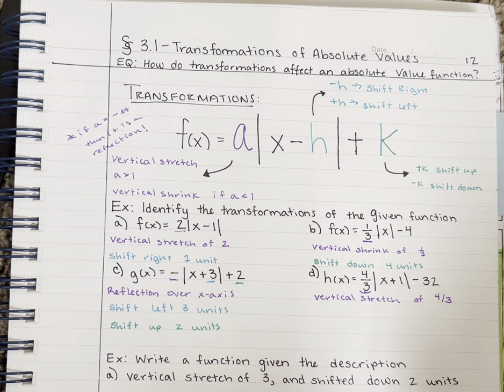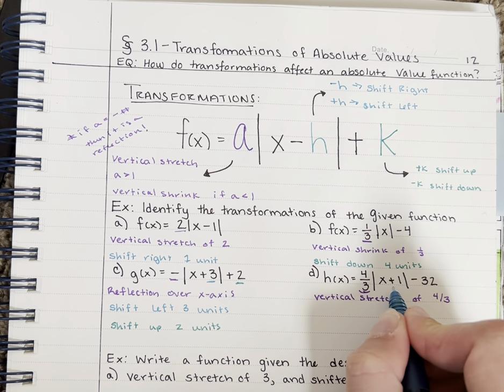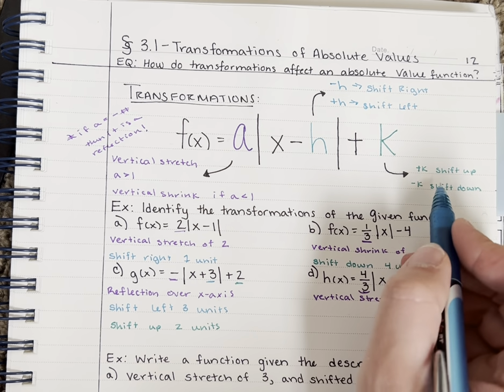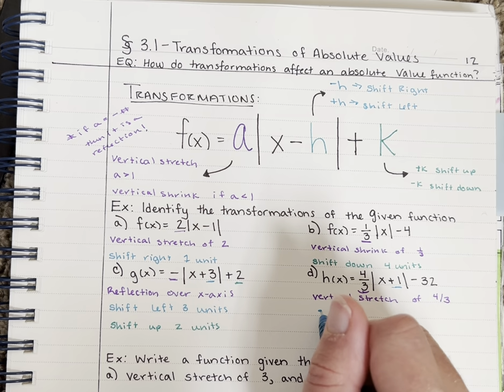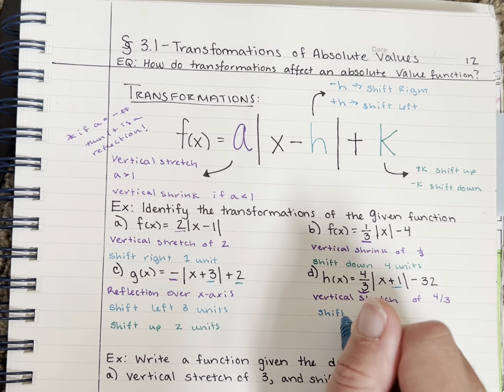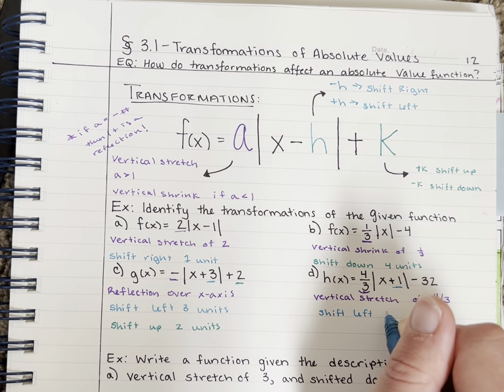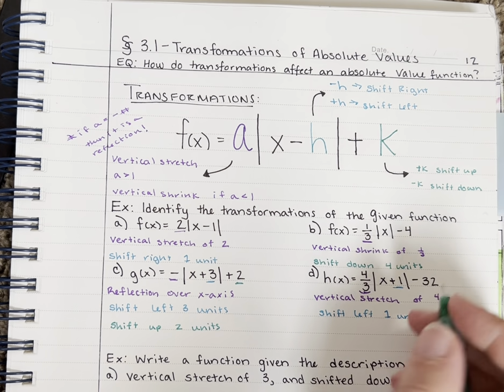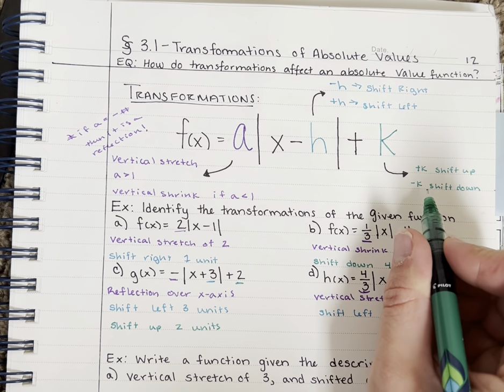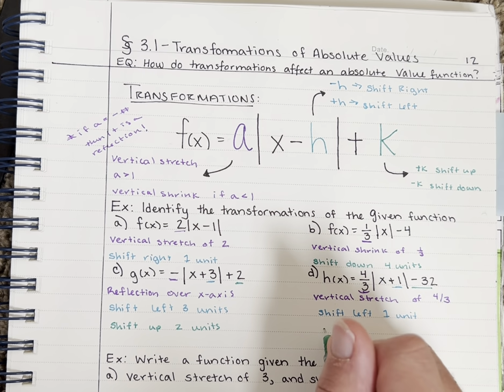Moving down the line, I have plus 1. Remember, plus 1 is an H value, which means it's going to be shifting left, so shift left 1 unit. And then finally, I have minus 32. Minus 32 is in the K spot, so I'm shifting down 32 units.